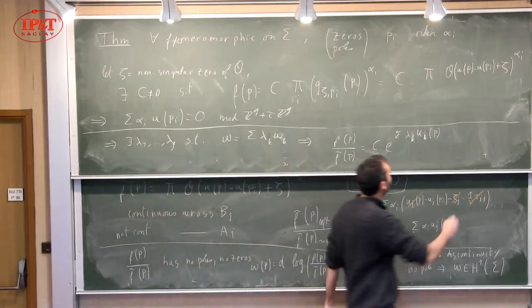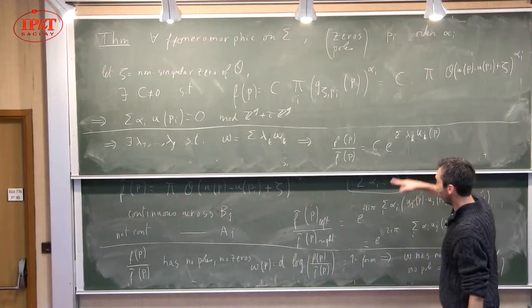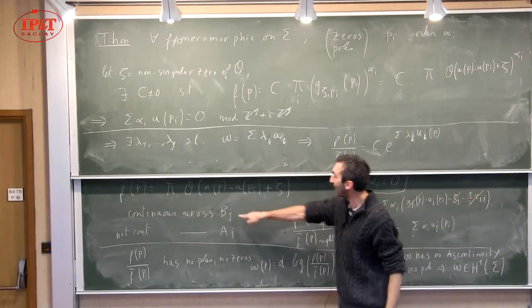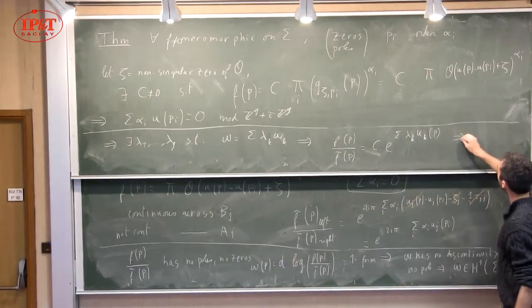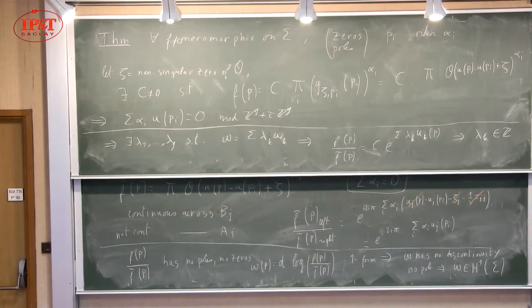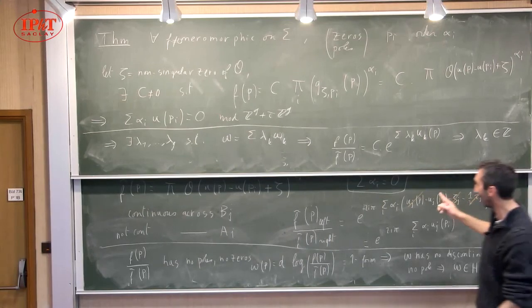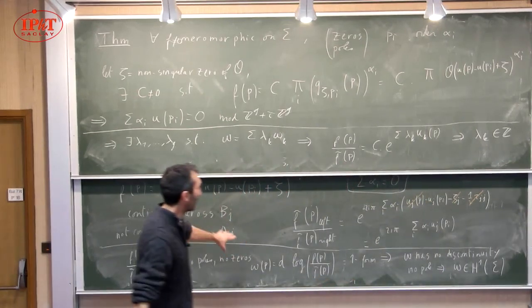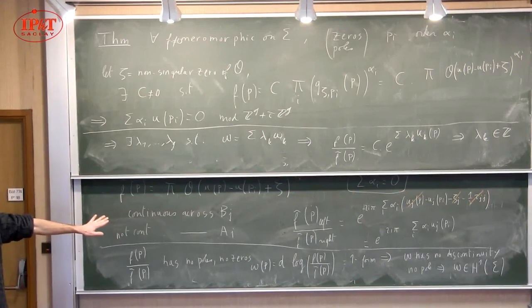So the fact that it's continuous across b cycles means that all lambda k's must be integers. But then it will not be compatible. So basically, what I want to say is that the lambda k have to be zeros.